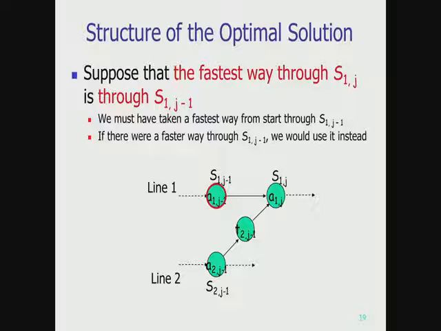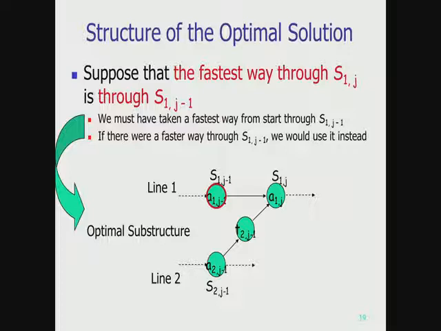The reason is very straightforward. Indeed, if there is a faster way through S1J minus 1, then we could have used it and found a faster path through S1J. This is really the optimal structure, or it is the structure of an optimal solution.